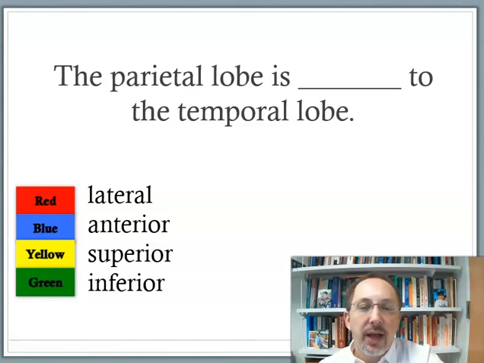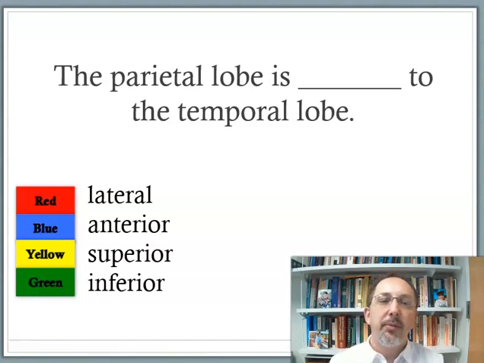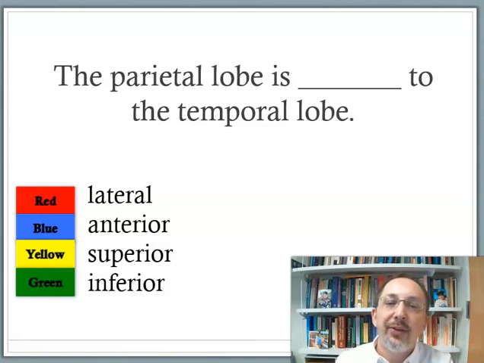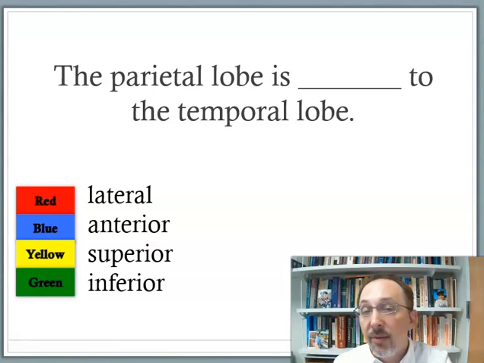Lateral means to the side, it's not to the side of. Anterior means it's in front of, not really, no. Superior means it's above, and inferior means it's below. Well, since we said the parietal lobe's here, temporal lobe's here, we're going to go with the parietal lobe is superior to the temporal lobe. And we could say, conversely, the temporal lobe is inferior to the parietal lobe.